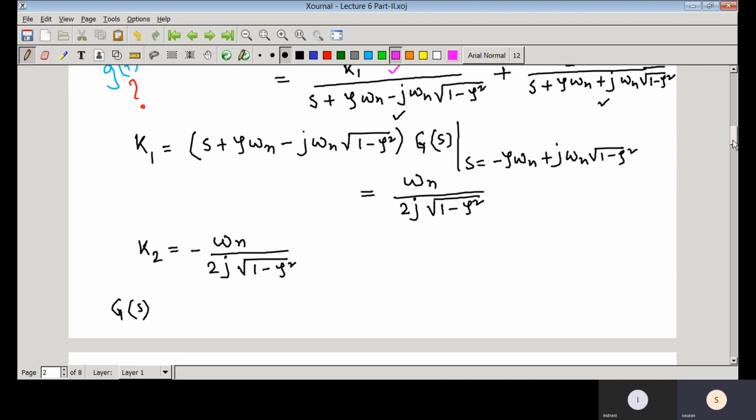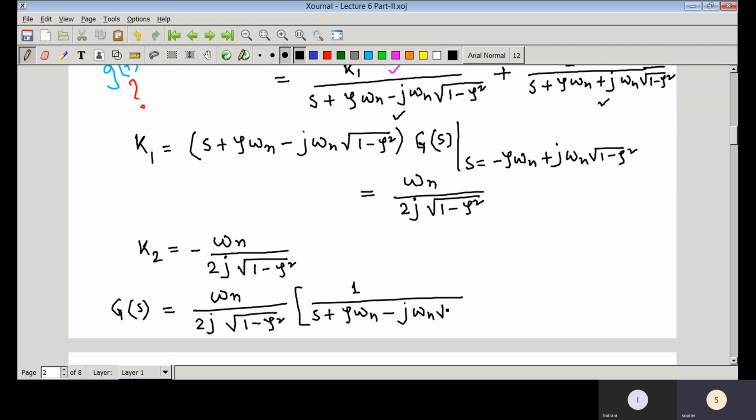If you replace them, then G(s) becomes omega n, taking common 2j square root of 1 minus zeta square, then you have 1 by s plus zeta omega n minus j omega n square root of 1 minus zeta square.